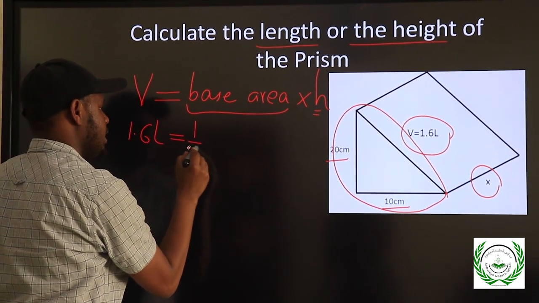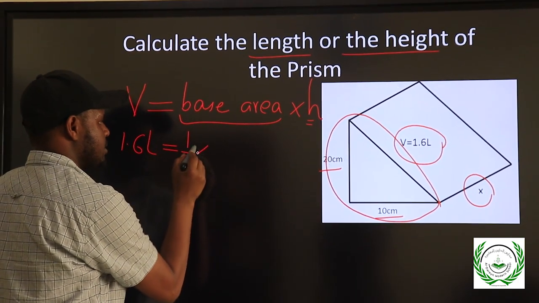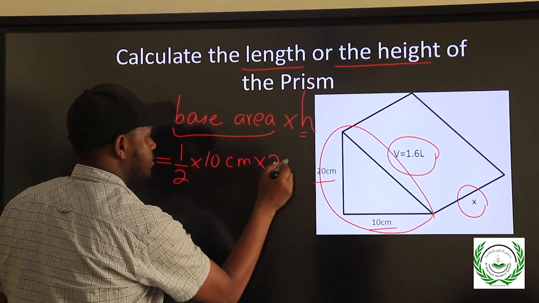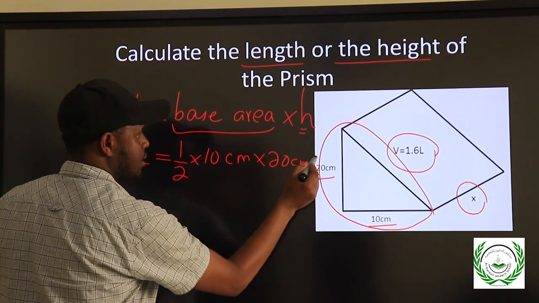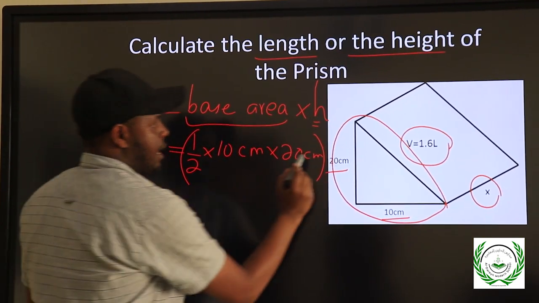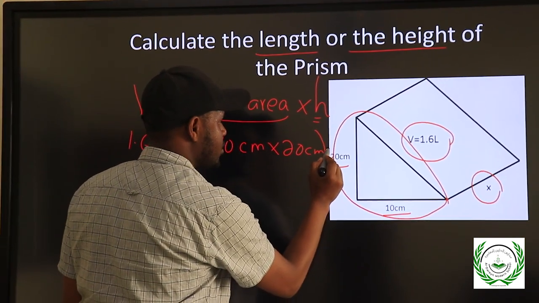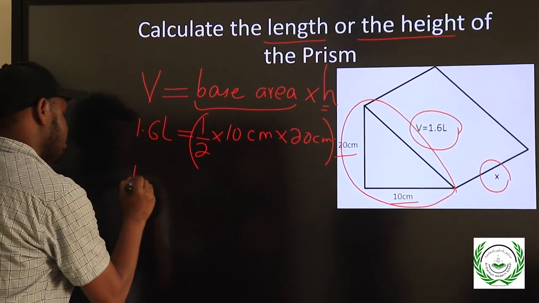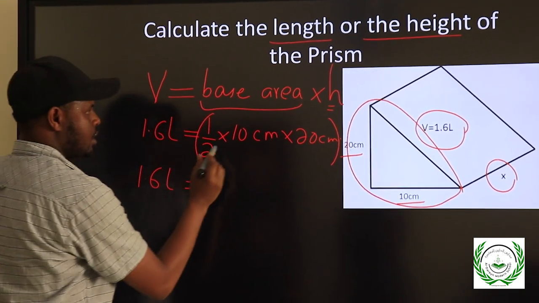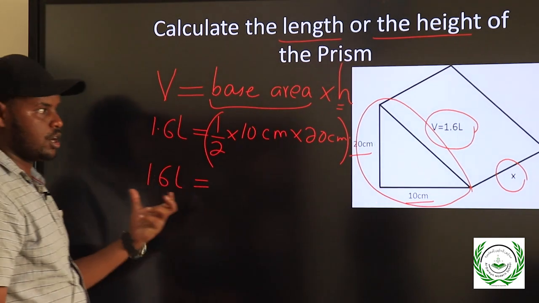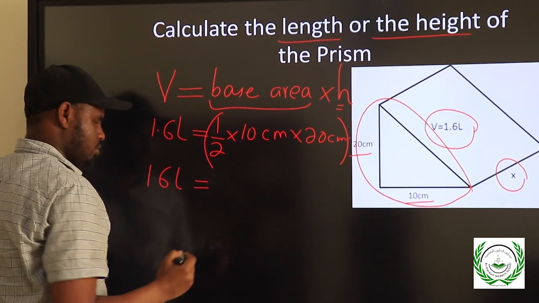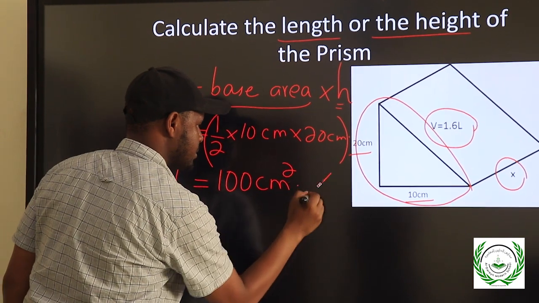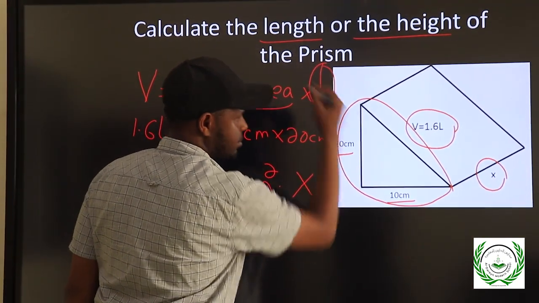So we have to find the area of a triangle, which is half times base, here is 10, times height of 20, times the overall height, which is x, because we do not have the value of x. 1.6 liter is equal 10 times 20, which is 200 centimeter square, divided by 2, which is 100 centimeter square times x. X means this height, you know, here.